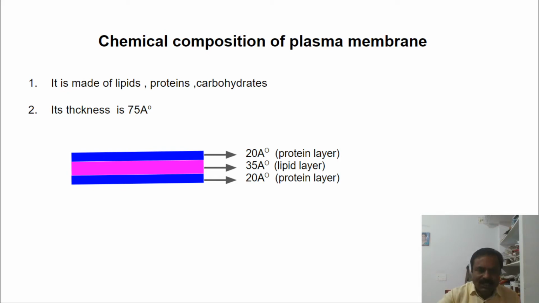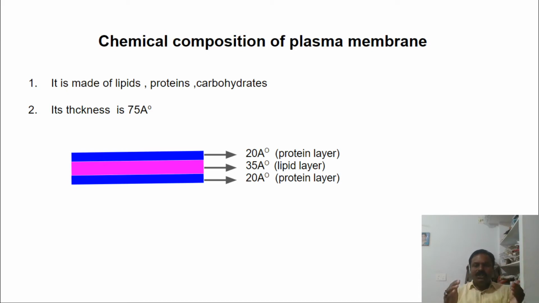When it is 75 angstroms, the middle lipid layer is 35 angstroms thick, and the two protein layers on either side are each 20 angstroms thick. This is the general composition of the plasma membrane and the general arrangement of proteins and lipids.